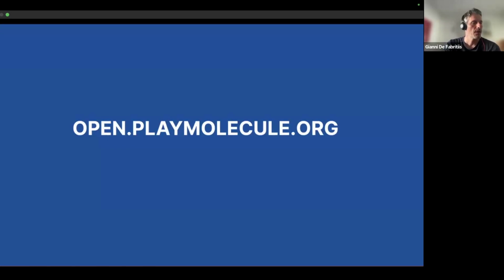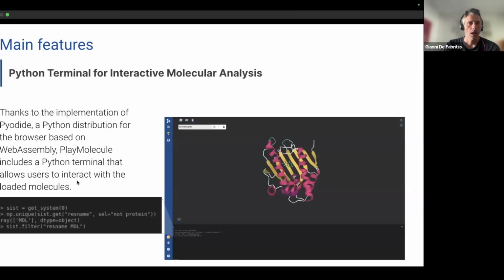So we made a lot of effort in making the tools available in an easy way, not necessarily for experts, but for anybody else. We have open.playmolecule.org, where we try to put any model or method that runs in a reasonably fast way. We also spent a lot of time writing a decent user interface for it in terms of graphics.